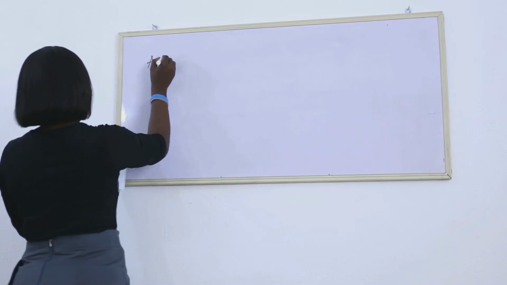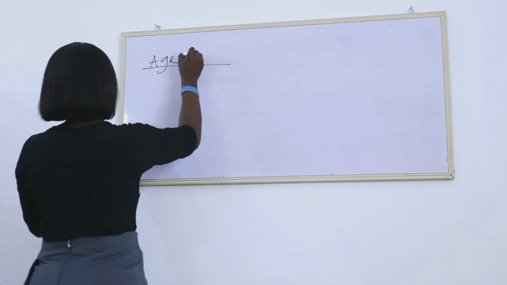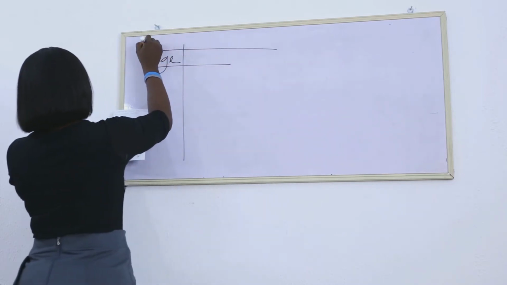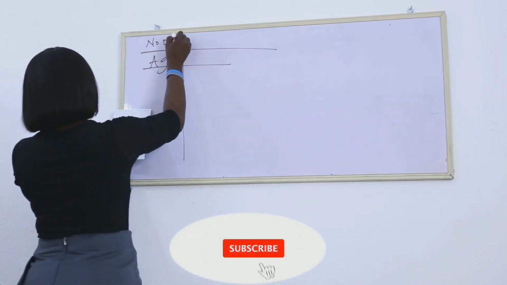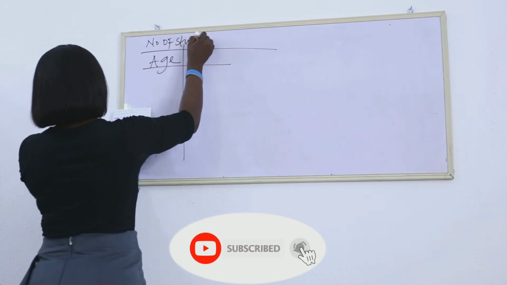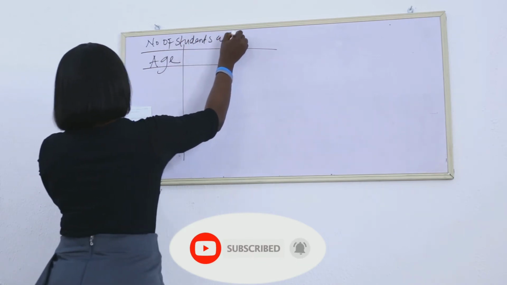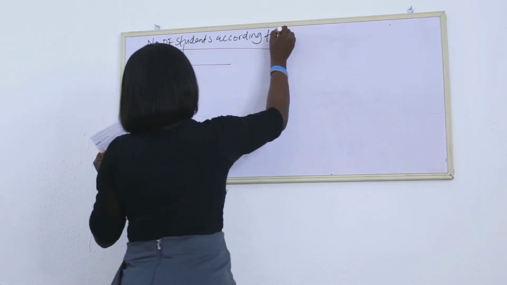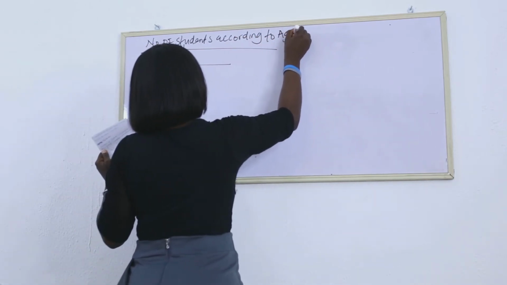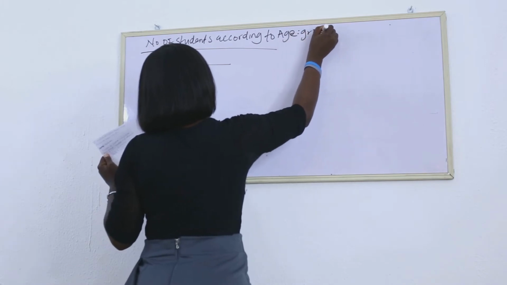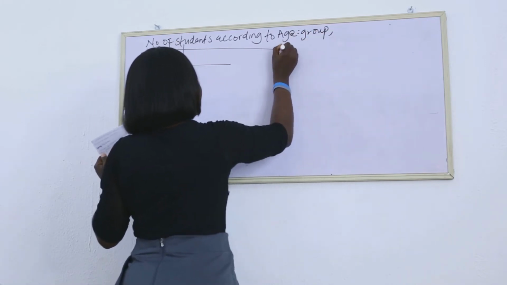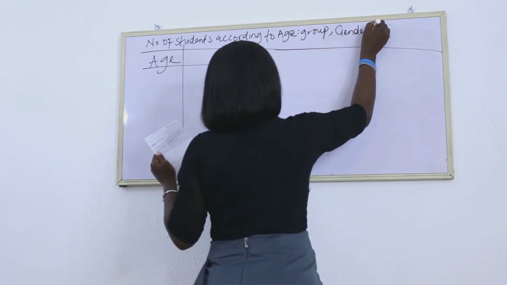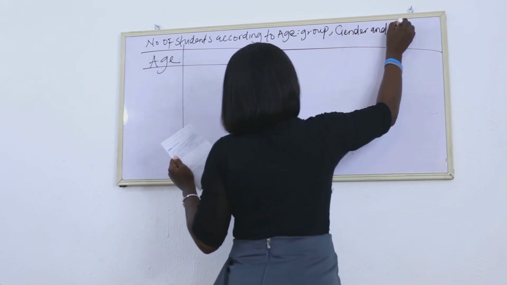Number of students according to age group, gender and allowance.